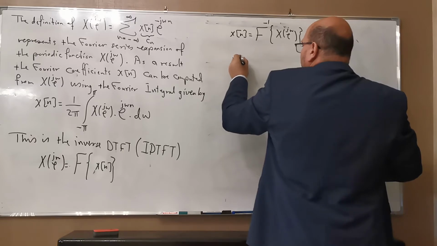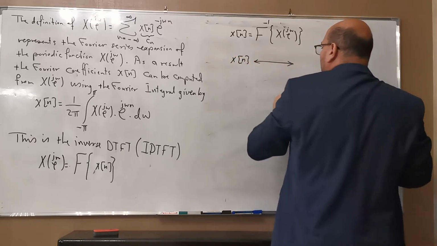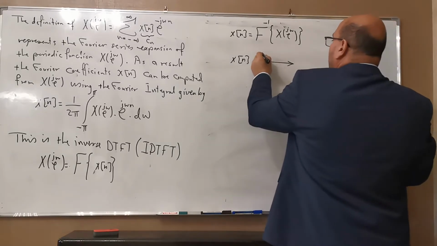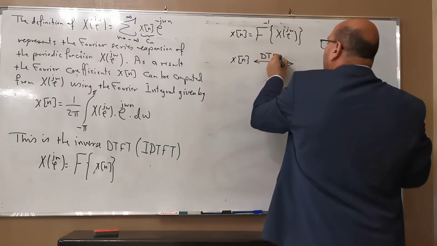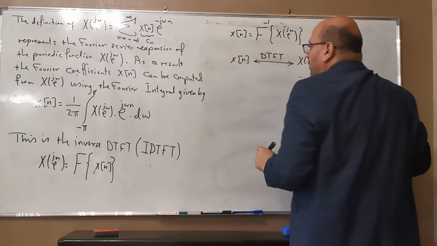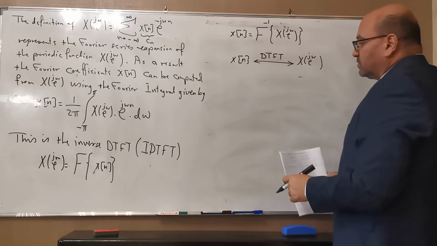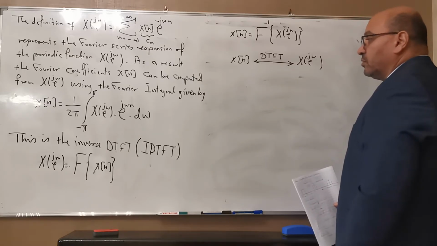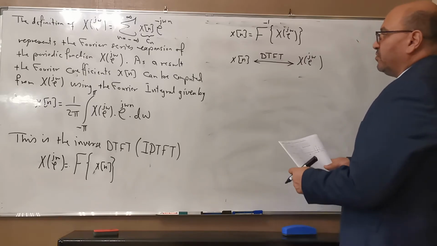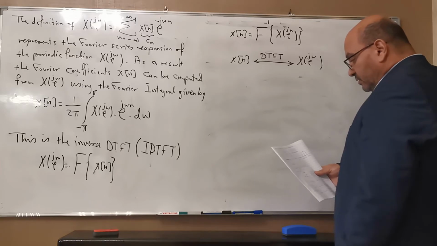And we can also represent this with two arrows, x[n] and DTFT X(e^{jω}). Okay? So all those are different representations for the process of finding the Fourier transform, or the DTFT, of a discrete time sequence.